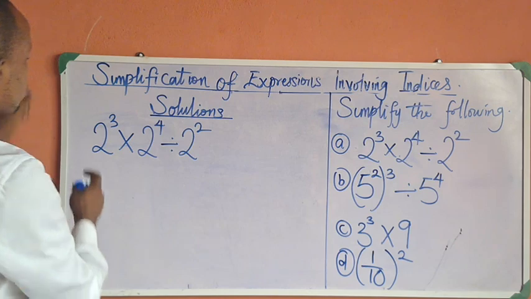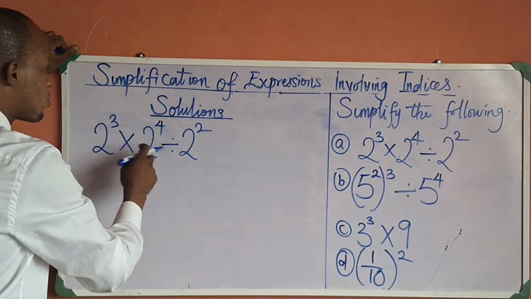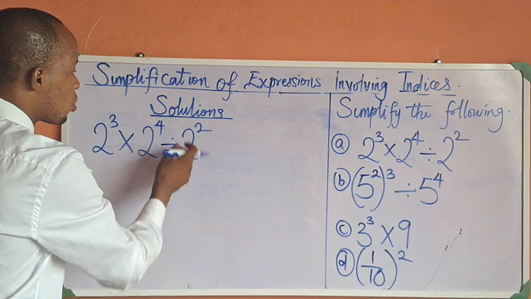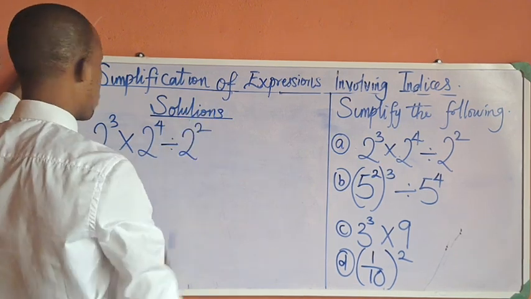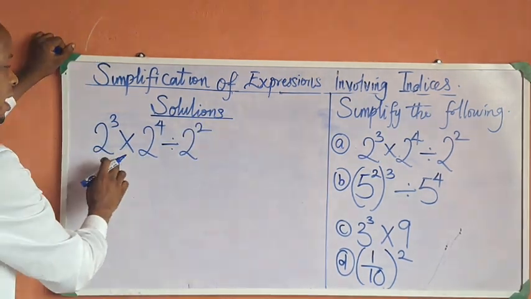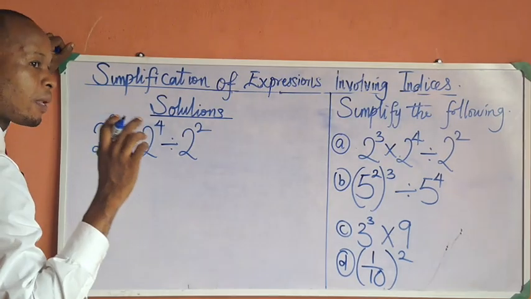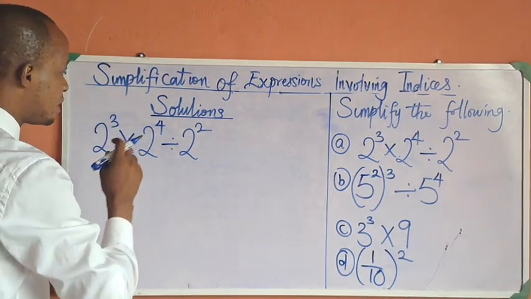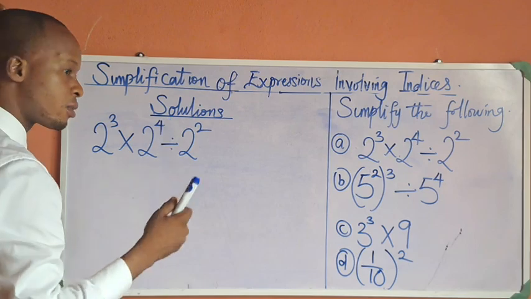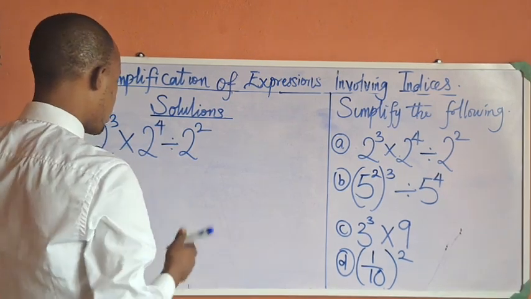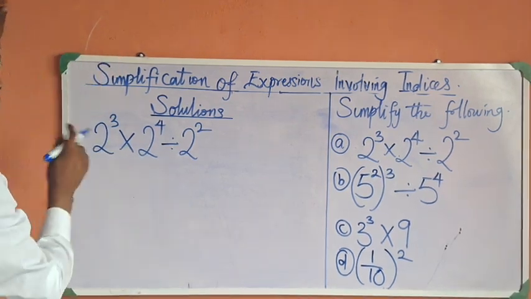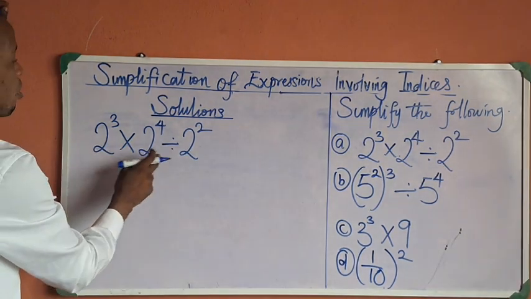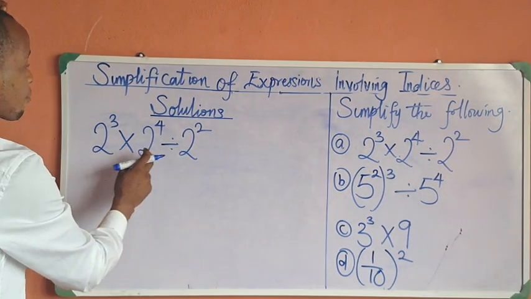So I have 2 raised to power 3 multiplied by 2 raised to power 4 divided by 2 raised to power of 2. Now, in this expression, I am going to be applying 2 laws. The law of products and the second law, which I have taught in my previous video. Okay? If you look at the expressions, you find out that they have common bases.